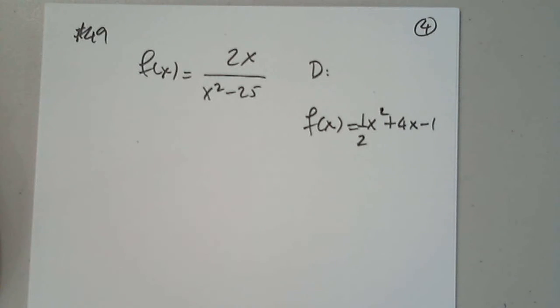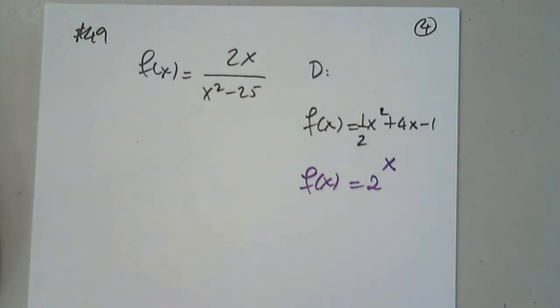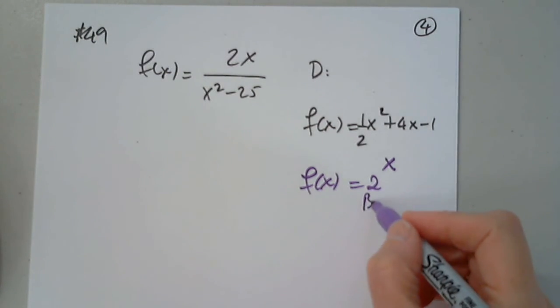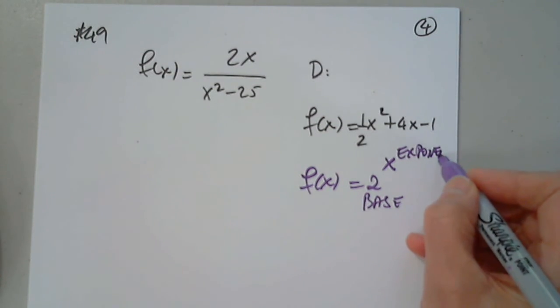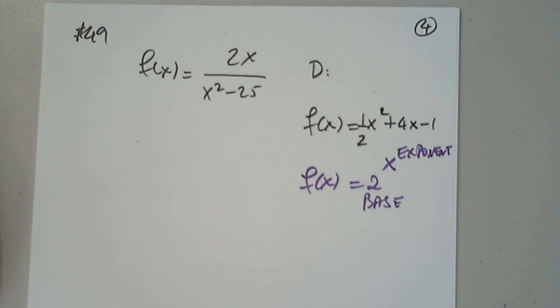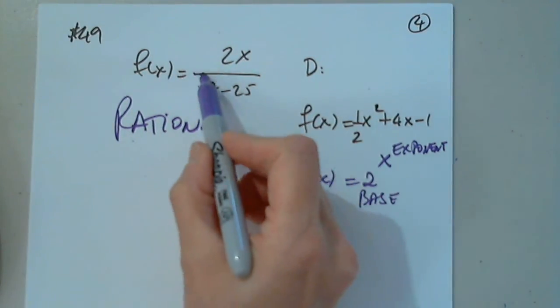Is it exponential? An exponential function will look like this, with a base and exponent. Okay. This is awesome because that's the only way I can correct your ideas. Is it a rational function? It's a rational function because it has a ratio.